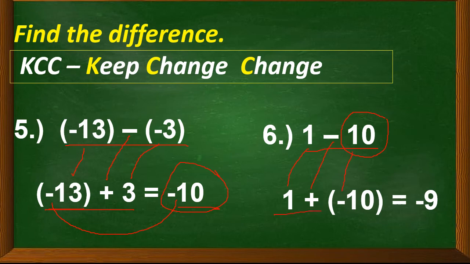And in here, we have to apply the rule in addition. So 1 plus negative 10, unlike signs, subtract. So 10 minus 1 is 9. And copy the sign of negative 10 because negative 10 has greater absolute value than 1. And that is why our answer here is negative 9.